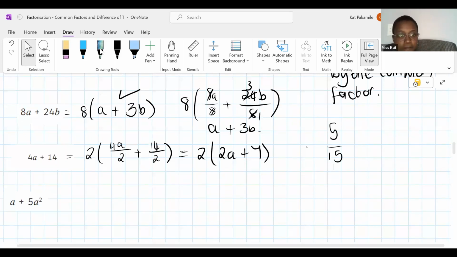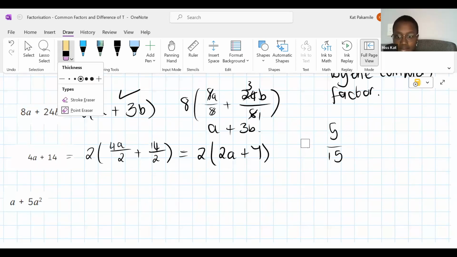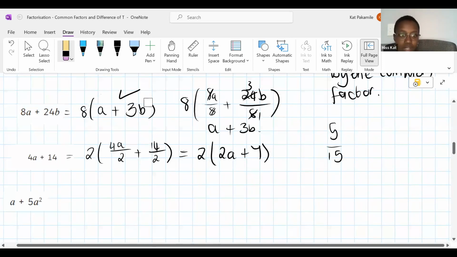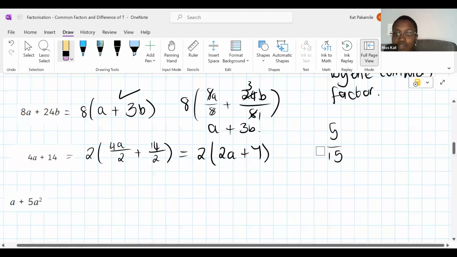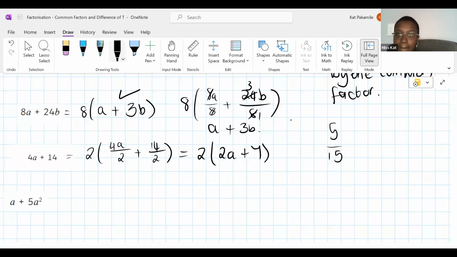How do I simplify it? Do I say, ma'am, 1 over 10? No, it's not 1 over 10. You have to find a common factor. So what number can you divide 5 and 15 by? It's 5. So then you're going to divide 5 by 5, and you're going to be left with 1.